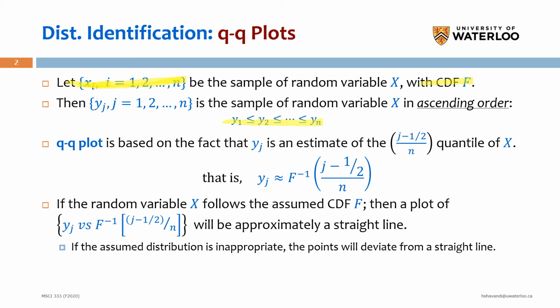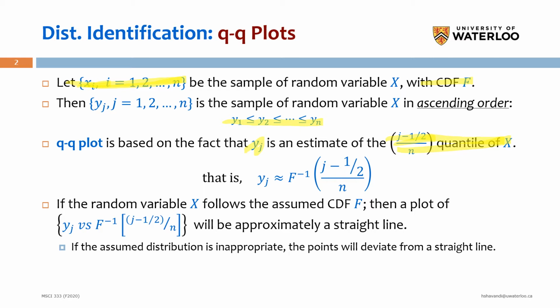The QQ plot, or quantile plot, is based on the fact that y_j is an estimate of the quantile of X at (j minus half) over n. The half here, instead of j over n, is there just because of the limited size of the sample.